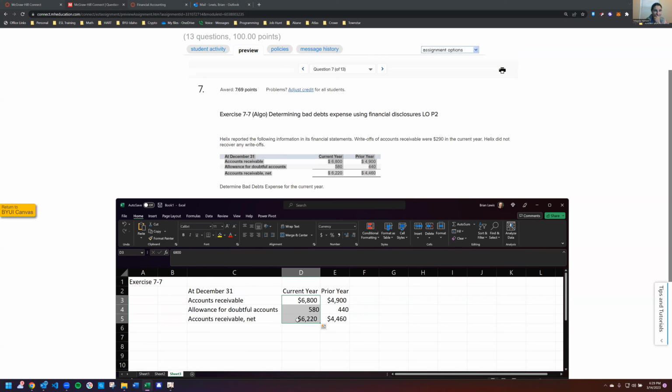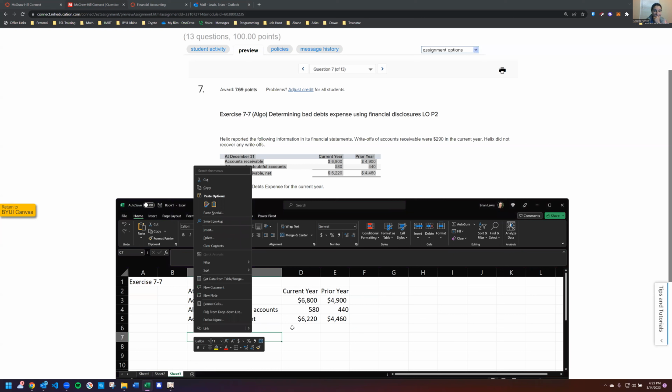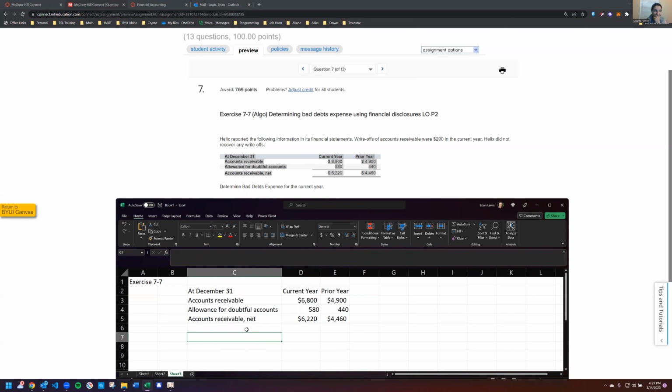Okay, so allowance. This is a direct write-off method, yeah? Okay. So this is a little tricky in the sense that you have to understand what's going on, which is kind of hard to figure out even for me sometimes. So we know that they wrote off $290 in accounts receivable.